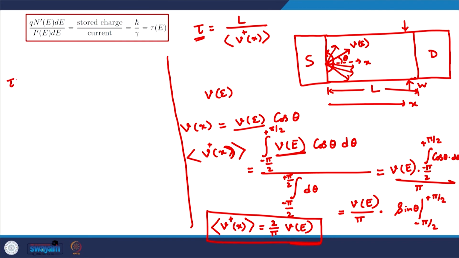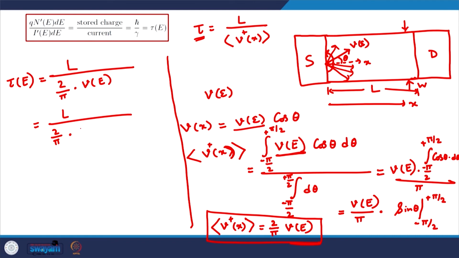If we write it down, this will be L divided by 2 by pi into VE, and VE, if you recall, is square root of 2 times E minus EC divided by m star.